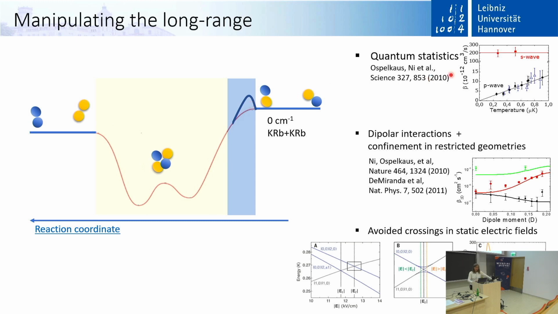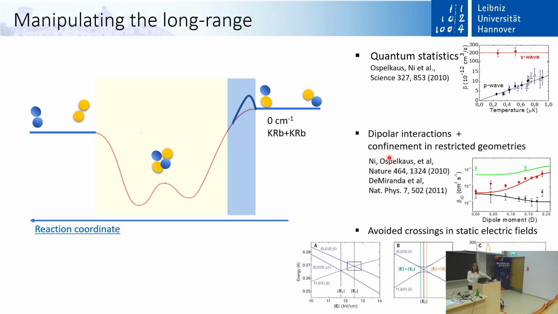At Schiller, we started by investigating the quantum statistics, flipping spin-aligned fermions to spin mixtures, and then observing P-wave versus S-wave collisions. We also induced a dipole moment of the molecules and used confinement in restricted geometry to design potential energy barriers and therefore prevent the molecules from getting close enough to each other to undergo loss.